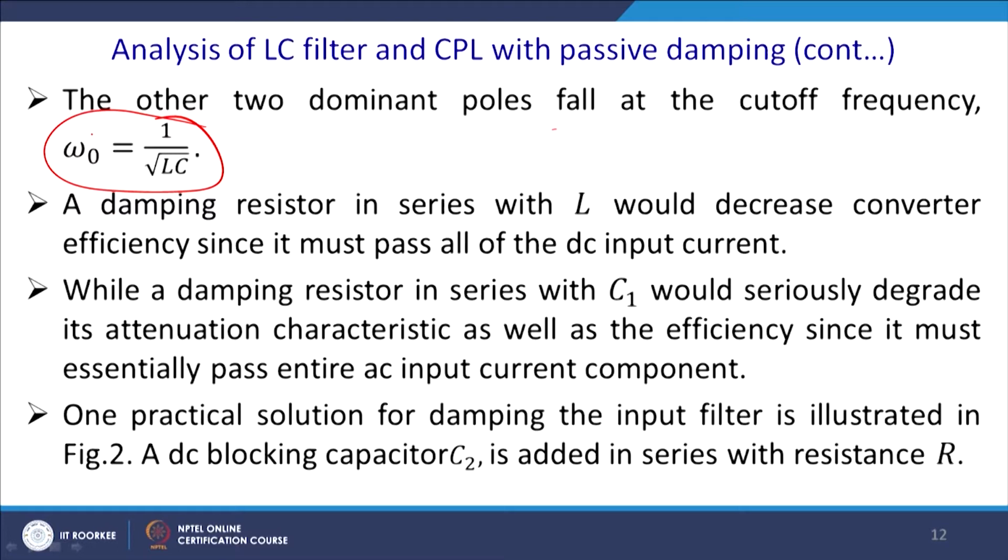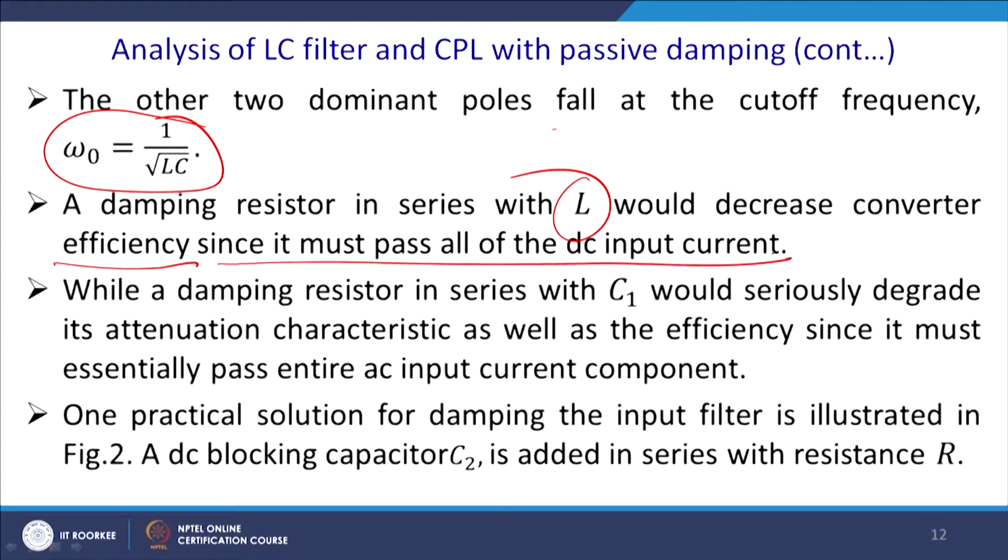If you connect damping resistors in series with L, the converter efficiency will decrease, because the series current will flow. Since it must pass all the DC current, there will be a loss. So, you cannot add it in series, you require to add it in parallel.